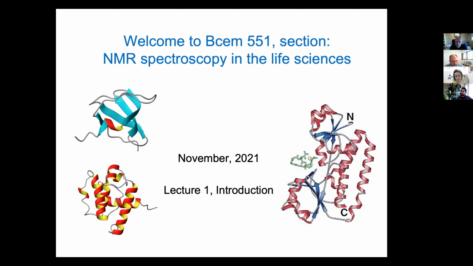Now, the reason for showing these three structures is that they were all determined by NMR spectroscopy in my laboratory. And so this should just convince you that NMR is very capable of determining structures of proteins, but it does so in solution. And that's already a major difference when you think about protein X-ray crystallography, because of course they need protein crystals.